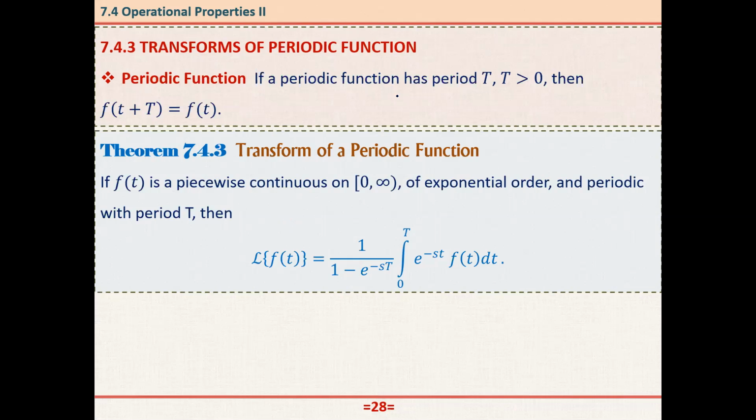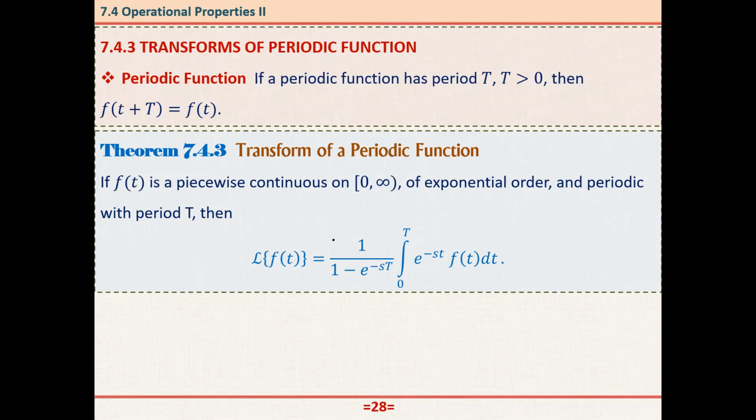If a periodic function has a period capital T, where T is positive, then we know that f of t plus capital T is equal to f of t. If this equation is satisfied for every positive t, then we say that this function f of t is periodic. And this capital T is called the period of this function.